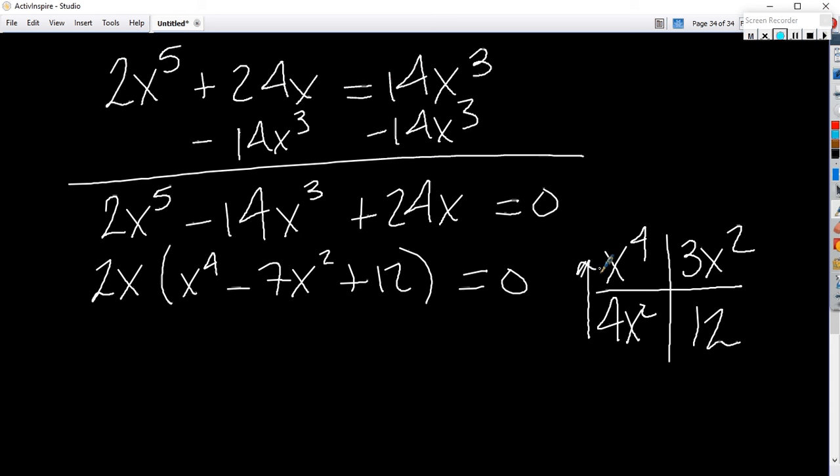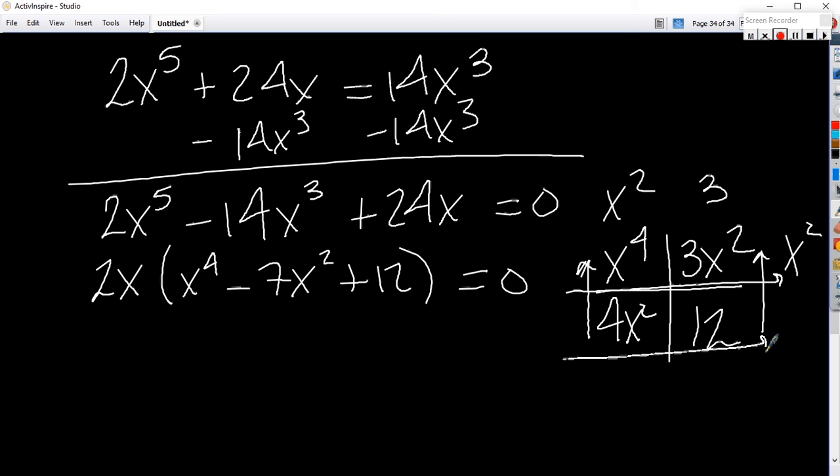So it'll be x squared plus 3, x squared plus 4.